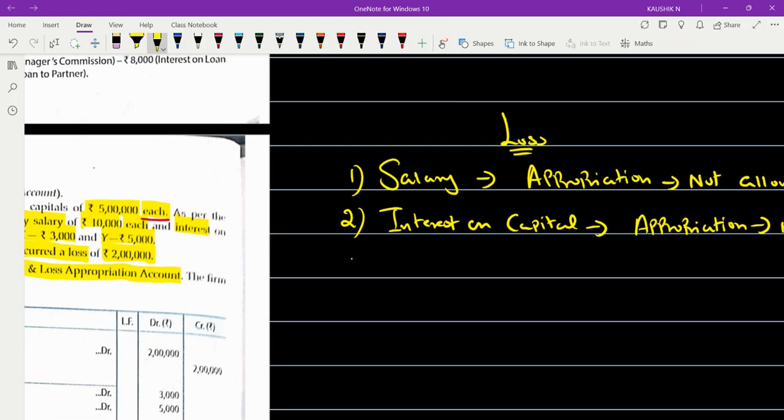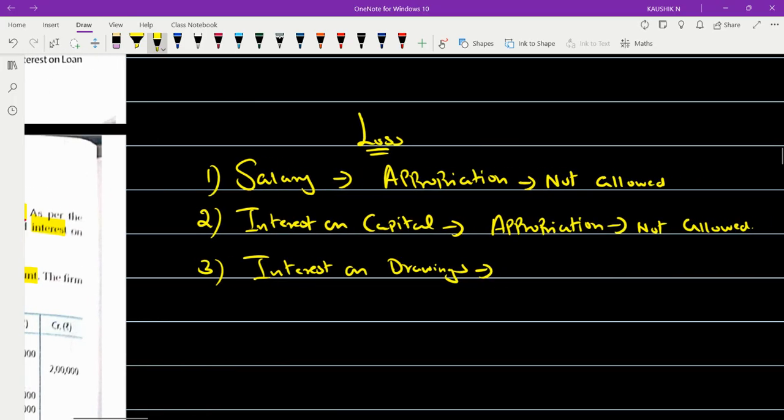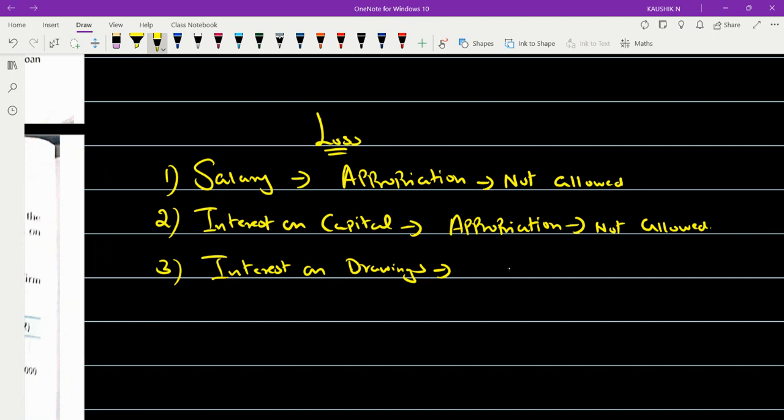Then the question is also talking about interest on drawings. So tell me, is interest on drawings a charge or appropriation? It's an appropriation?